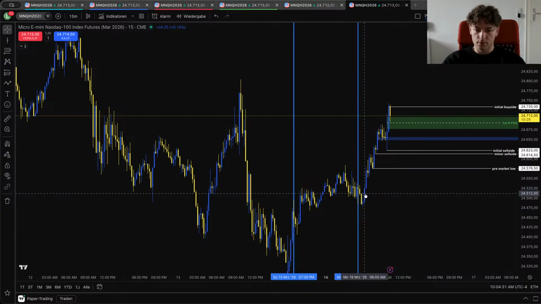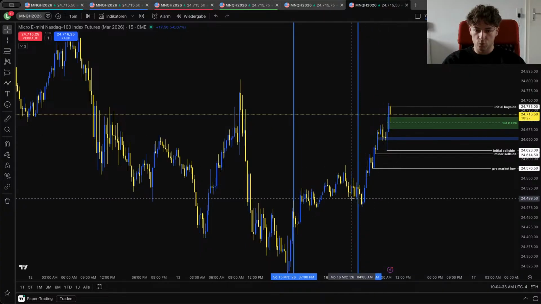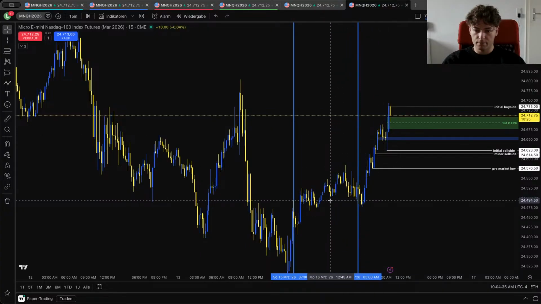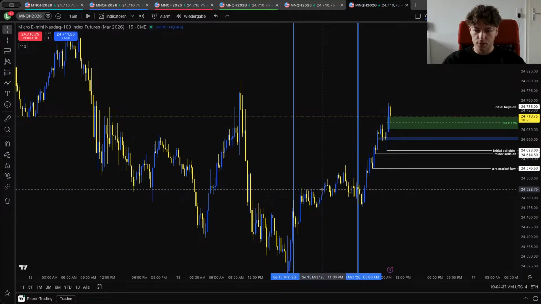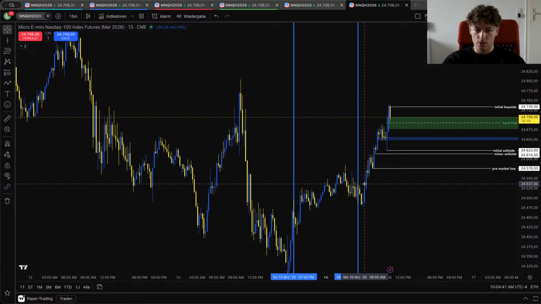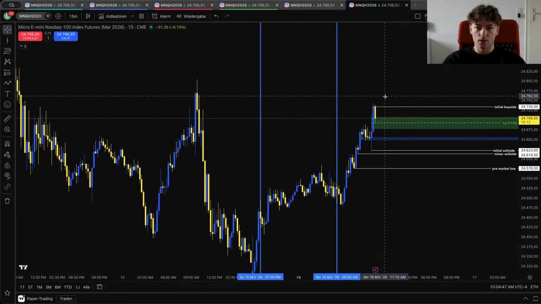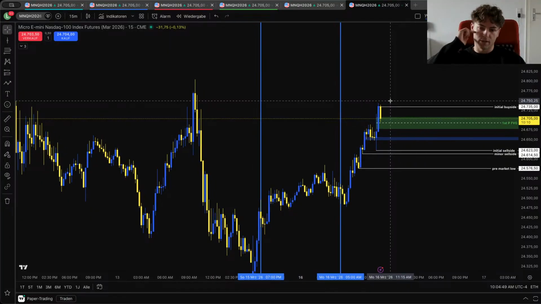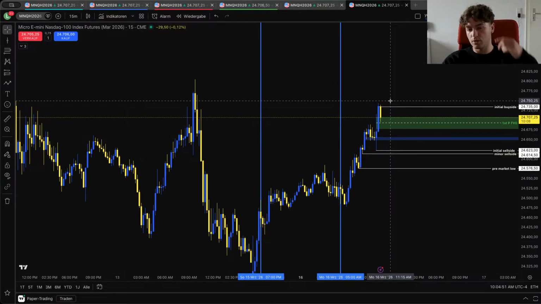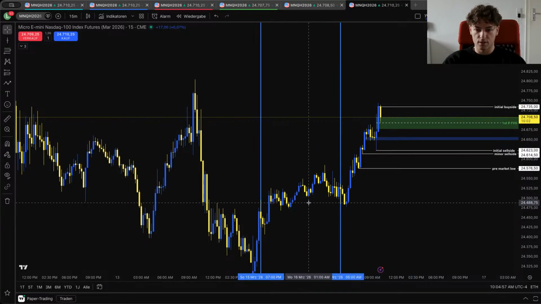So we had midnight here. Midnight is always a huge draw for price. Since we are in a consolidation range and not in low resistance liquidity run conditions, midnight acts like a magnet.